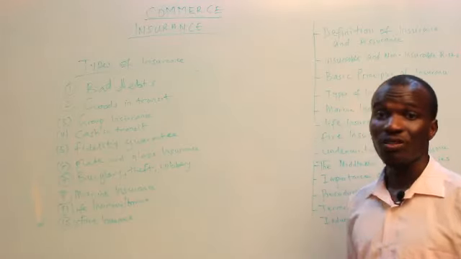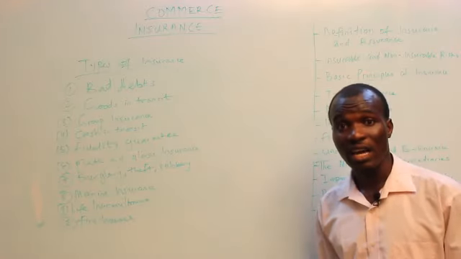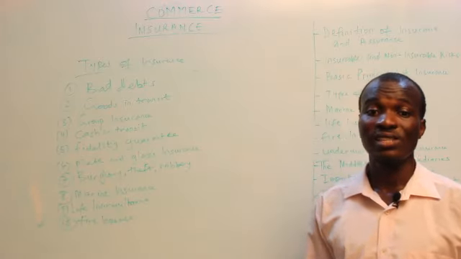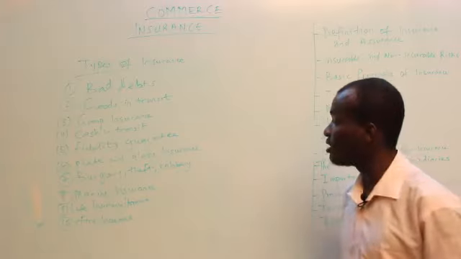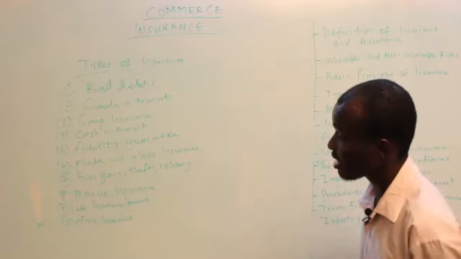So the breaking of glasses can also be provided for. A lot of people who have houses built of glass make provision for losses that may arise from the breakage of such glass. The next thing is marine insurance, life insurance and fire insurance.